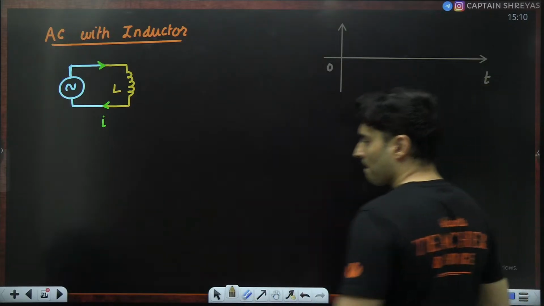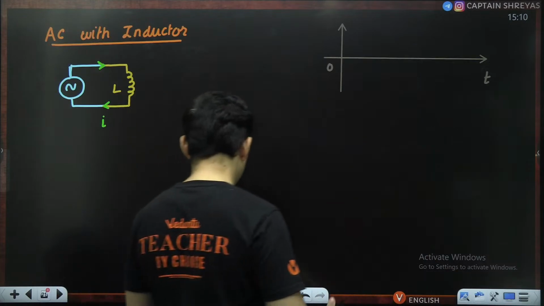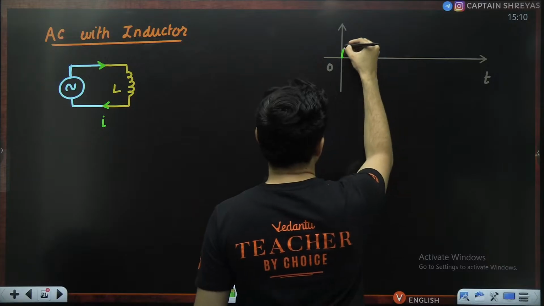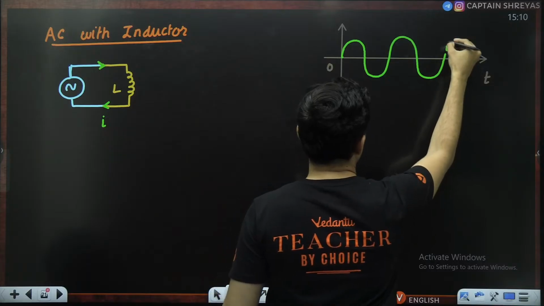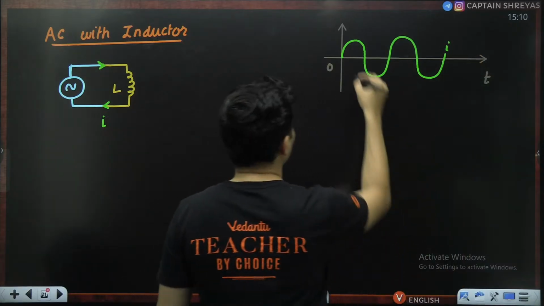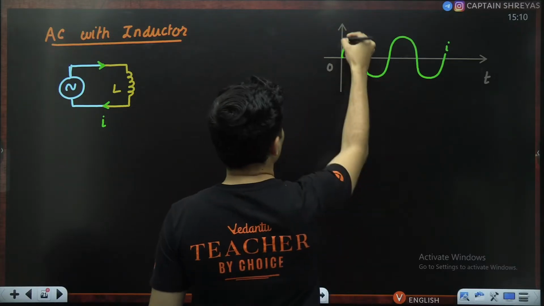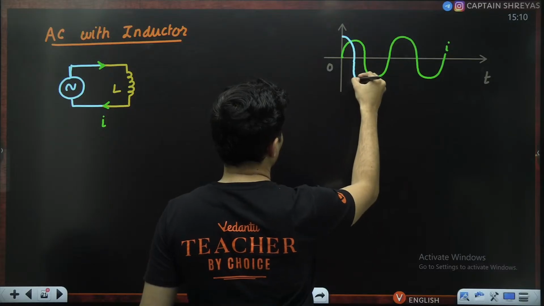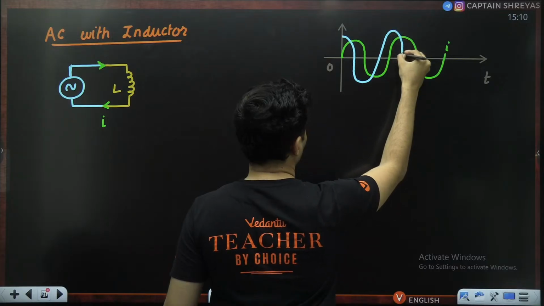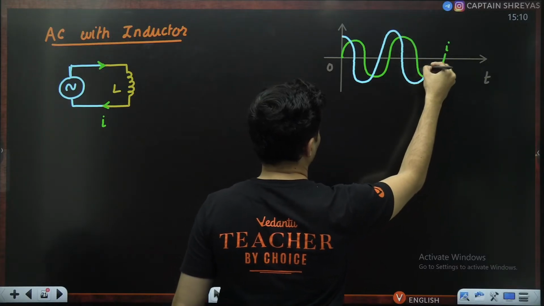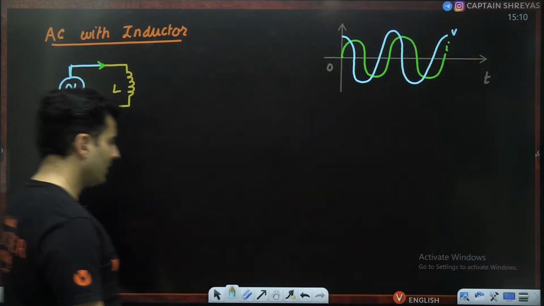This time, it will be exactly reverse. The current graph will be a sine graph and the voltage graph will be a cosine graph. So this is your voltage graph.